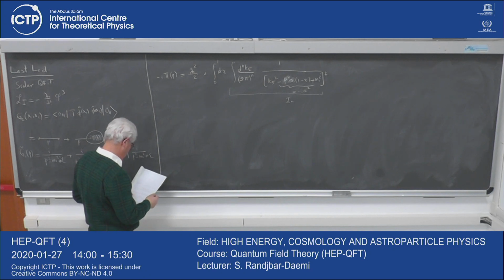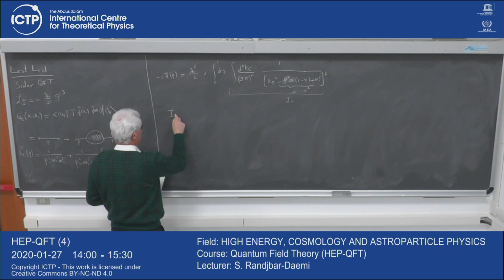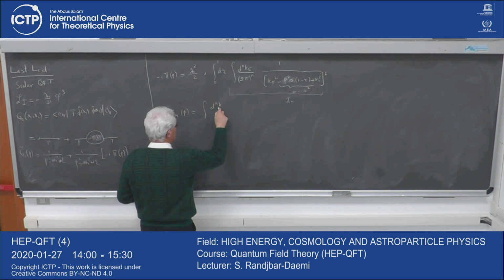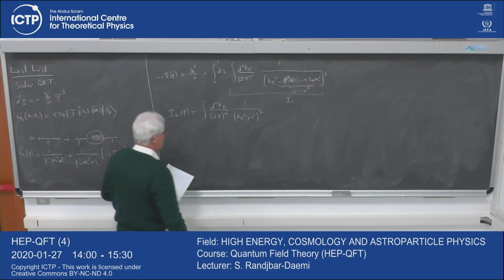So the whole thing therefore reduced to I_n of p, which was the integral d^n k over 2 pi to the n, 1 over k squared plus a squared to the power 2.